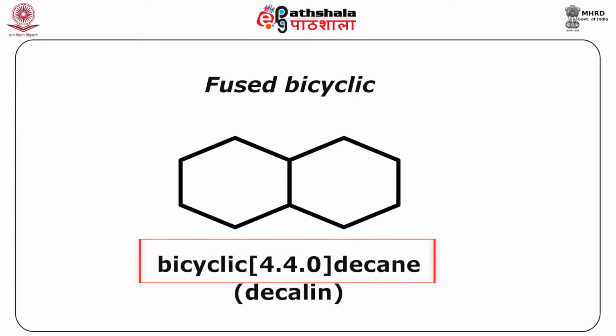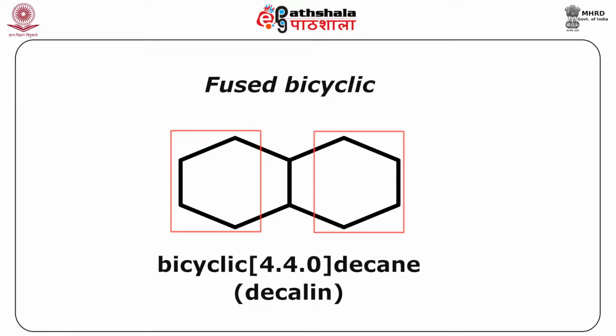The numbers 4,4,0 represent the number of carbon atoms in each ring besides the bridgehead carbons. Since there are only two rings, there are 0 carbons in the third ring system, which carries only the bridgehead. The rest of the two rings have 4 carbons each, and hence the numbers 4,4,0.